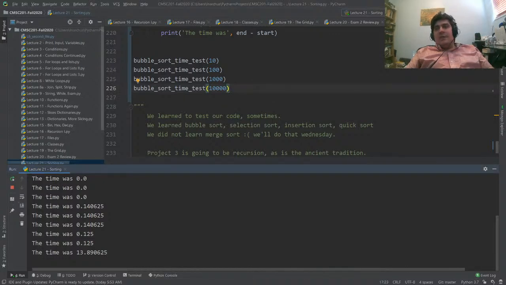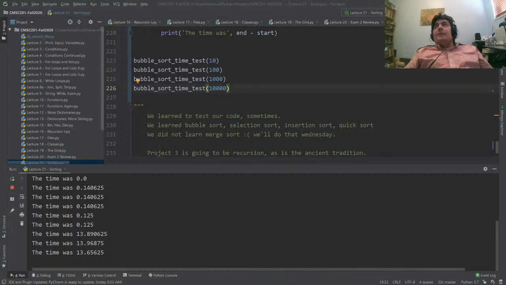Once this finishes, I'll be able to explain to you what's going on here. I guess it's going to take about a minute, so maybe while it's doing that, I'll explain what I mean.